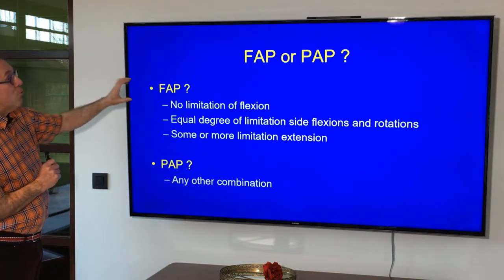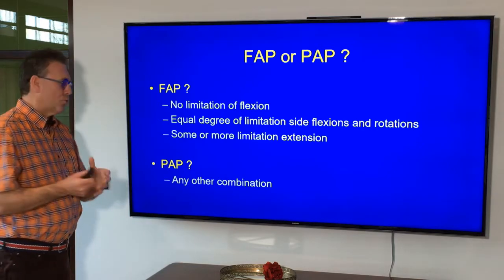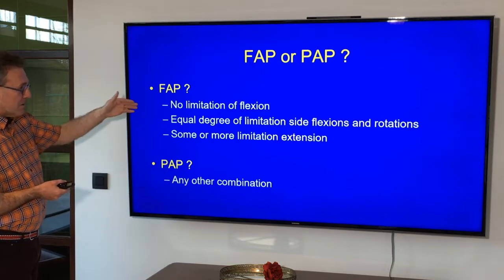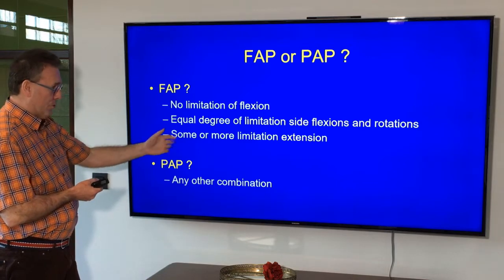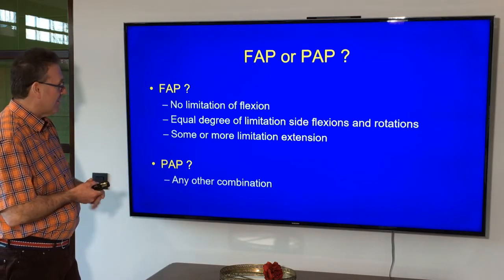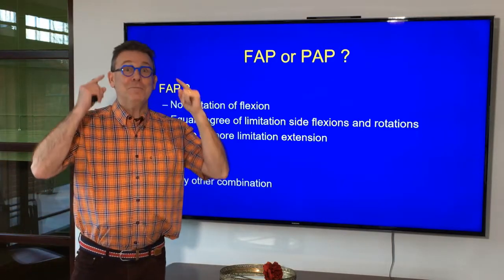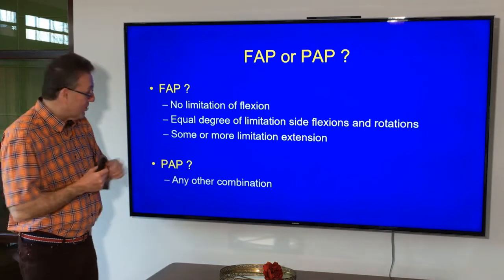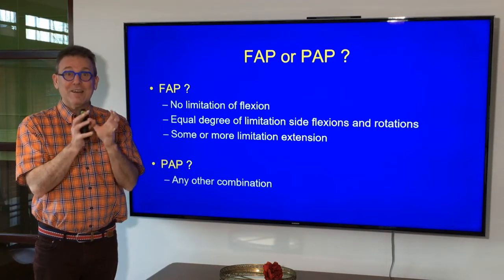What is the full articular pattern in the cervical spine? Well, it's pretty similar to the one in the lumbar spine. Flexion is okay. And then you have an equal limitation of side flexion and rotations, and also some limitation of extension. This is the full articular pattern. Remember, what's the diagnostic interpretation? Full articular pattern: arthrosis, arthritis.